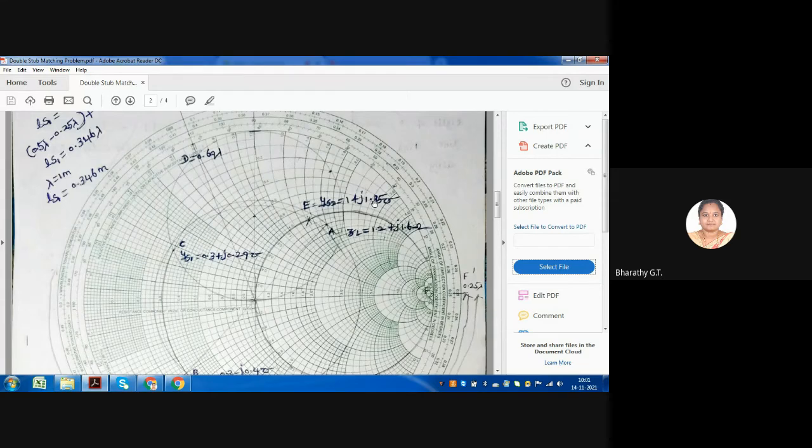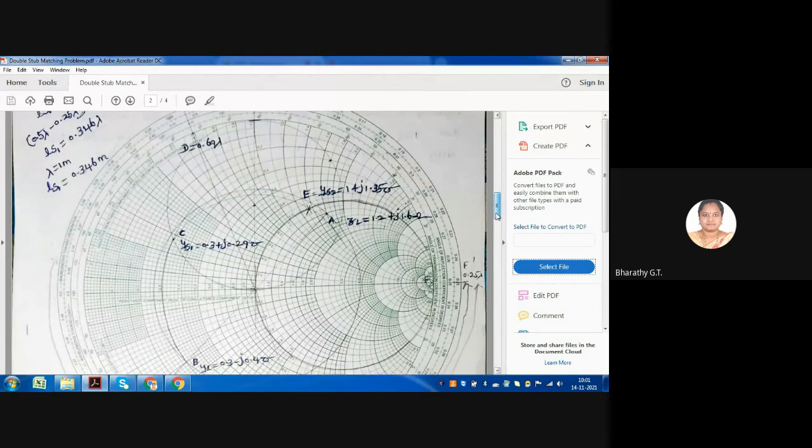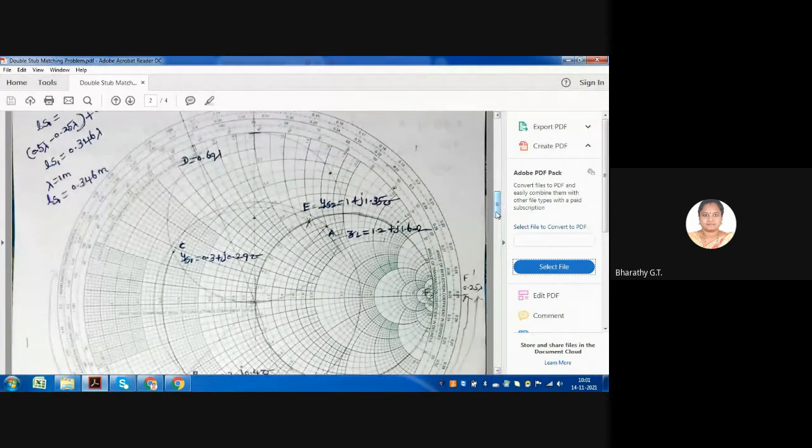Have you got the value of YS2 and have you marked the point E? Students, have you finished? Yes, ma'am. Okay. So what is the next step?